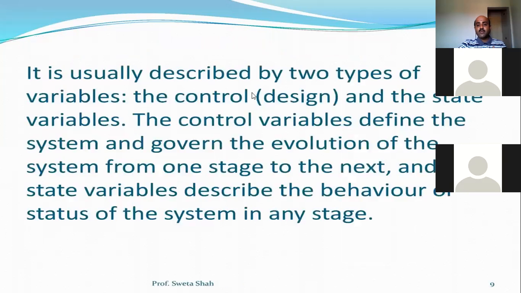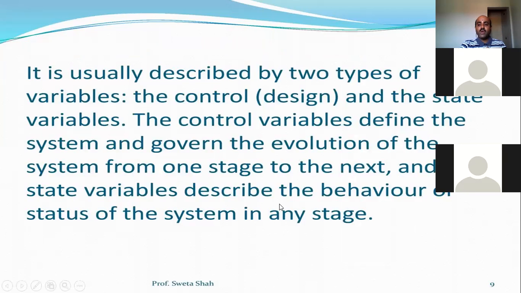It is usually described by two types of variables, the control variables and the state variables. The control variables define the system and govern the evolution of the system from one stage to the next, and the state variables describe the behavior or status of the system in each stage.